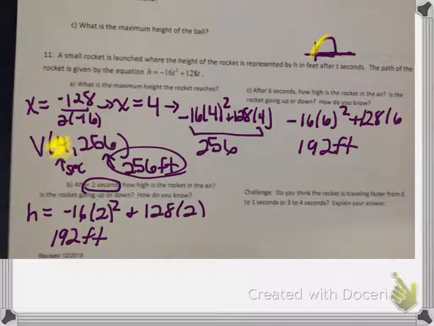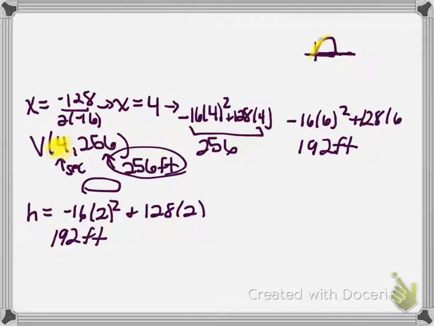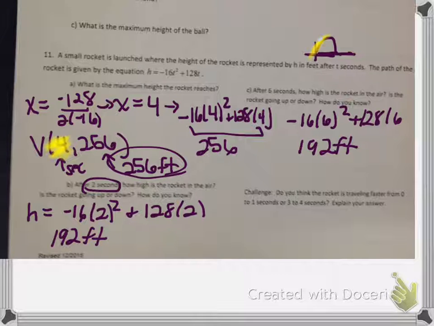Now the difference is, if I look over here, after 4 seconds I reach my peak. 2 more seconds later, the one before was 2 seconds before. So 2 to 4, now to 6. There we go. I'm at 192 feet. I'm on my way down.